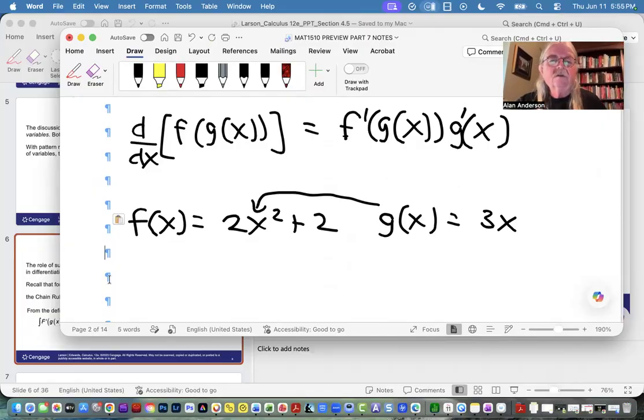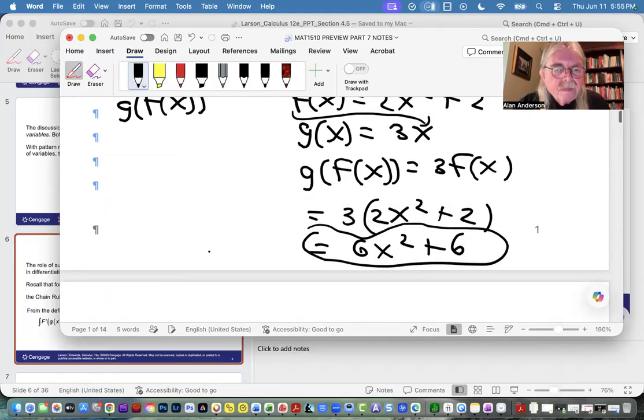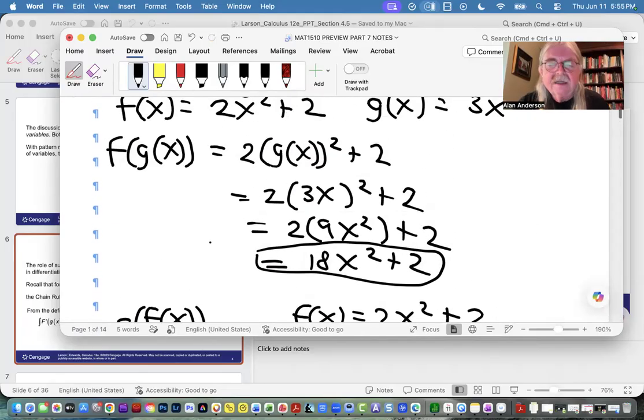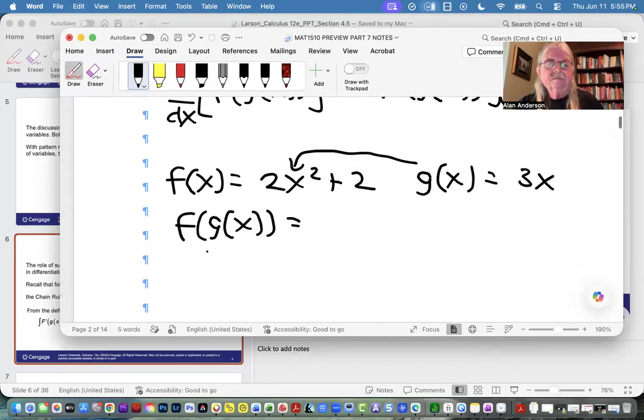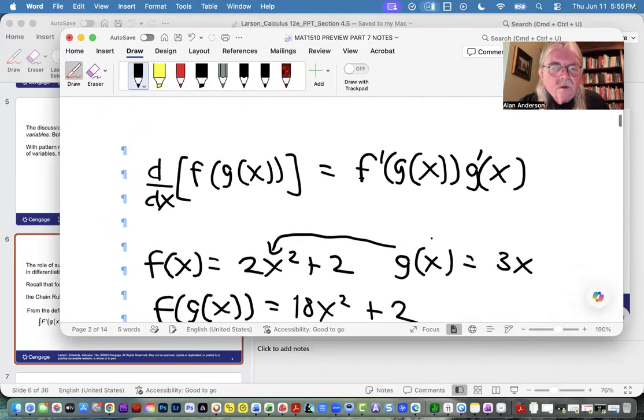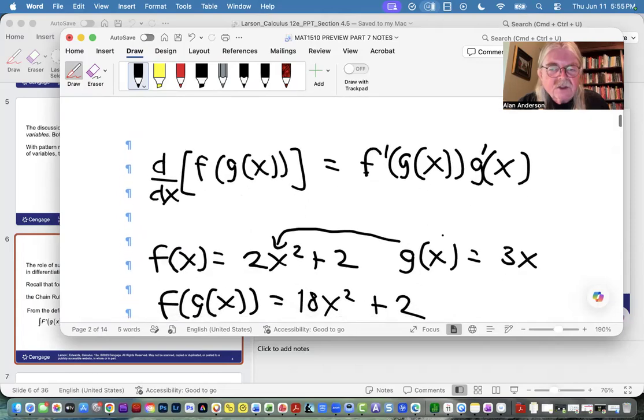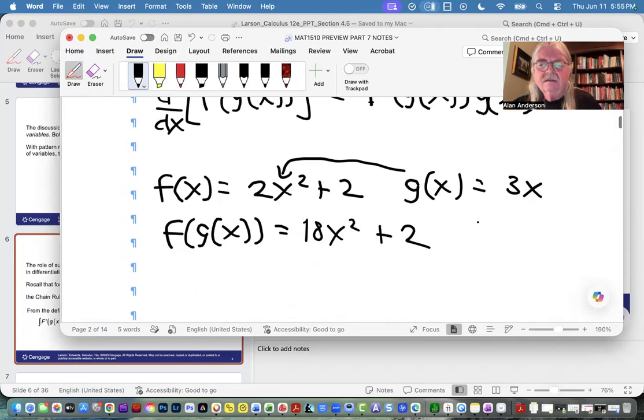And also, as we just discovered, f of g of x is 18x squared plus 2. In order to do this, we'll also need to know g prime of x, but that's easy. It's just 3.